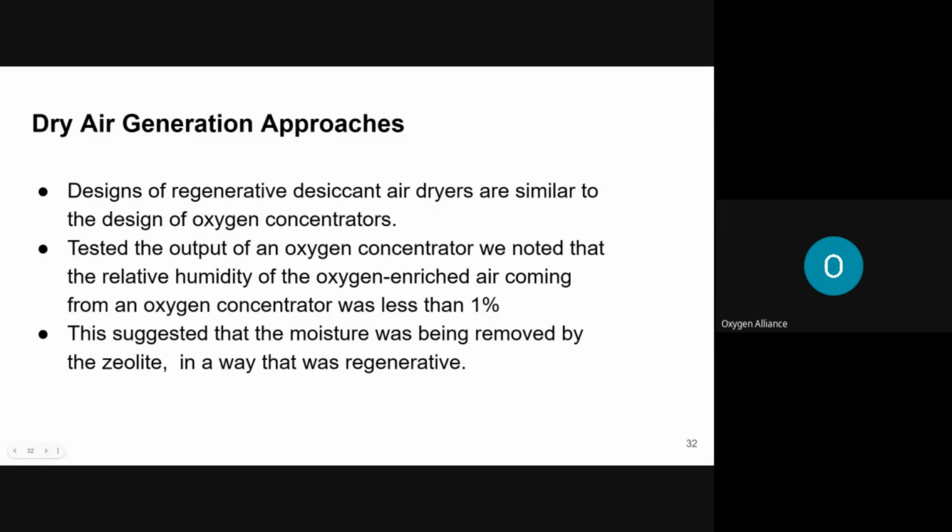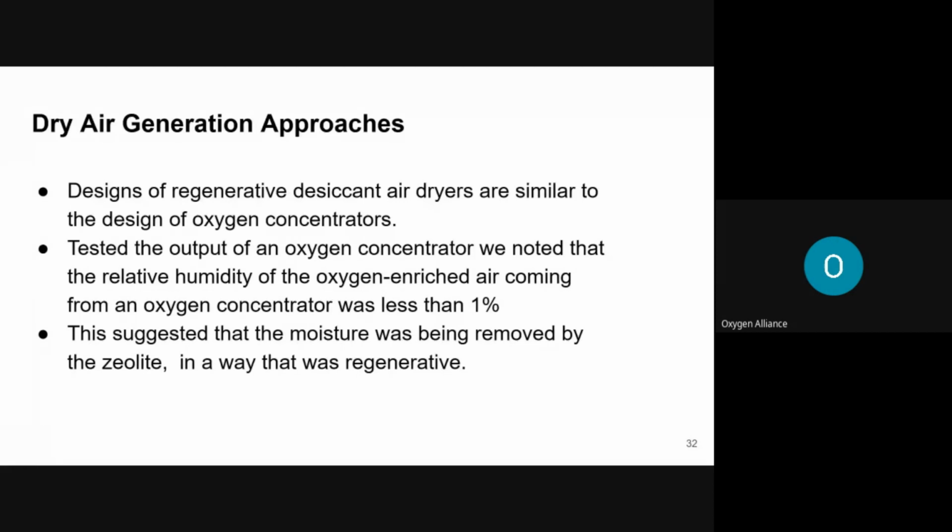So we took an oxygen concentrator, tested the outputs, and we found that the relative humidity produced by an oxygen concentrator was less than 1%. So this suggested that the moisture was being removed by the zeolite, and in a way it was regenerative.